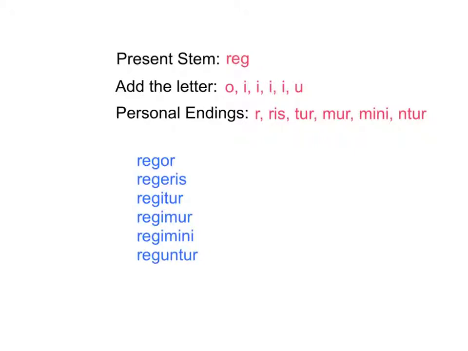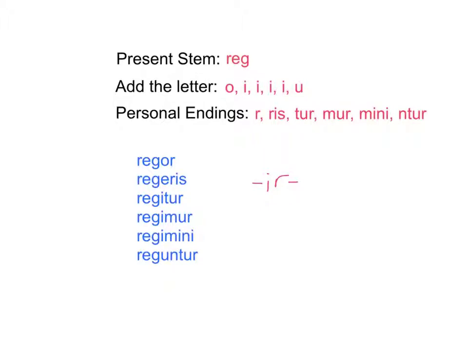But I want to draw your attention to something a little surprising. Hopefully you're noticing that instead of an i, we get e in the second singular. This is something you only have to worry about with third and third io conjugation verbs, but Latin doesn't tend to like iris here for whatever reason.